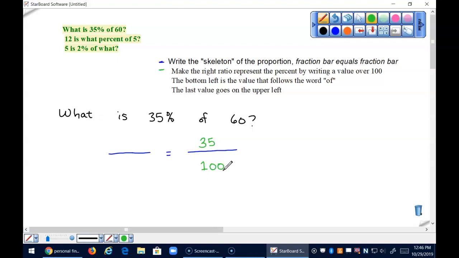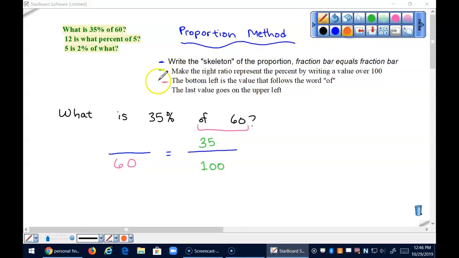When I do the proportion method, there's never a riplop because we always have a fraction with 100 as the denominator instead. Okay, the next step, the bottom left is whatever follows the word of. The English would sound funny if of was the last word in the phrase. There's always something after the of. So whatever comes after the of goes in the bottom left.